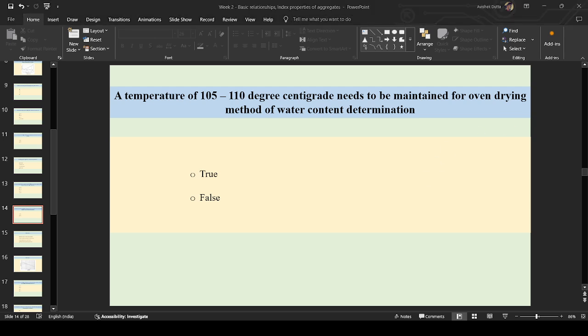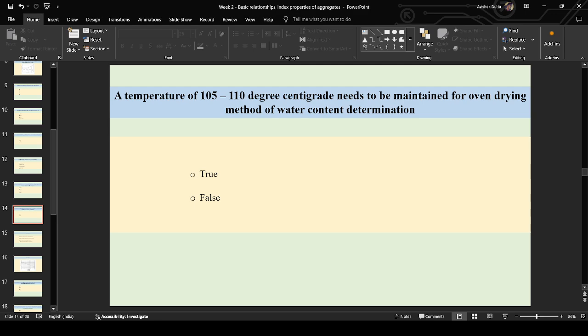And you have to give some justification. Merely stating true or false will not do, because this is an interactive session. If it is false, what is the correct statement, the correct temperature? If it is true, why is it true, why that range?